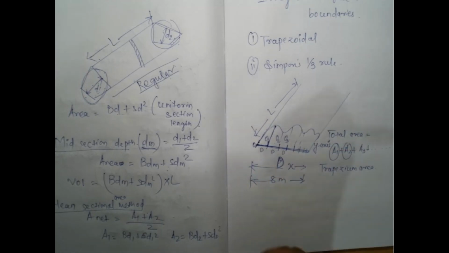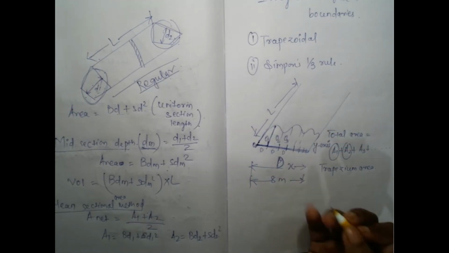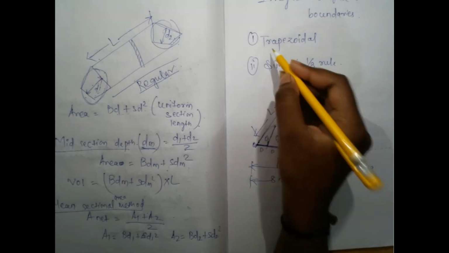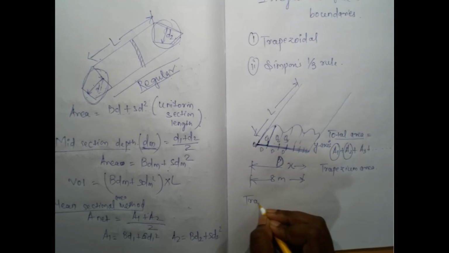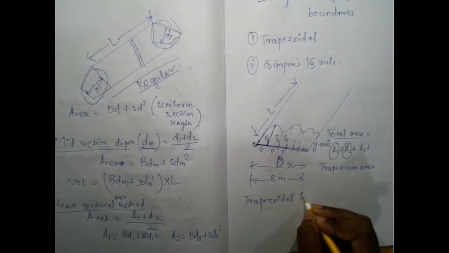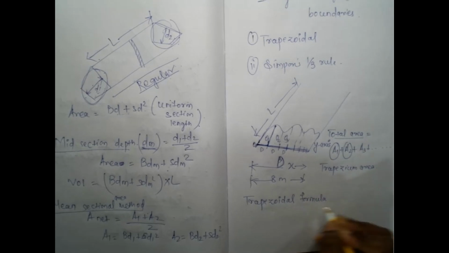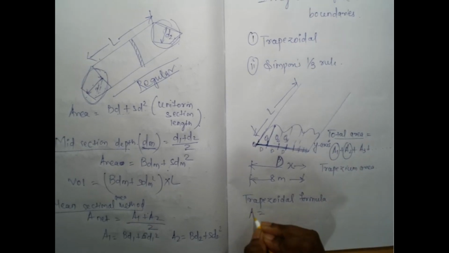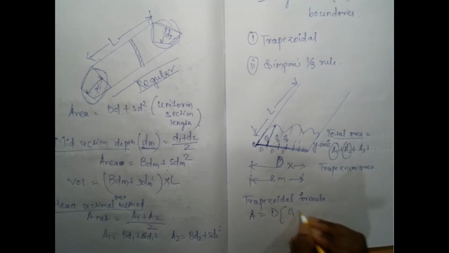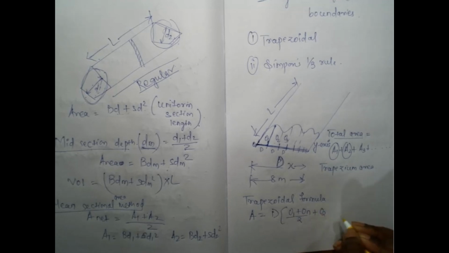So the trapezoidal formula that we will get is A is equal to D into (O1 plus ON) by 2 plus O2 plus O3 plus O4 plus ON minus 1, so on.